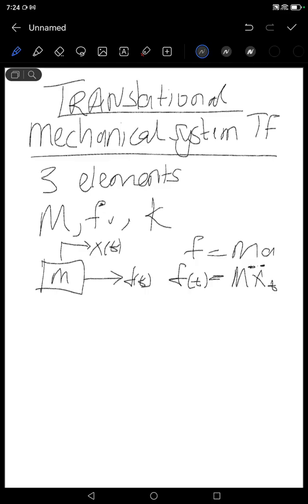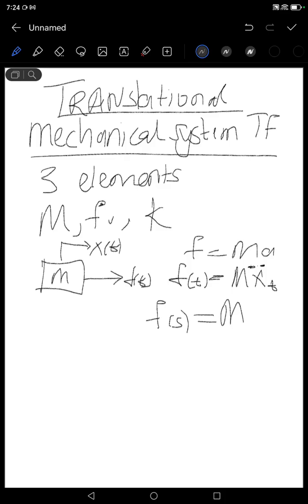From here, we can introduce Laplace on both sides. When we introduce Laplace on both sides, we're going to have the big letter F of s. Remember, the s shows that it's the Laplace operator.